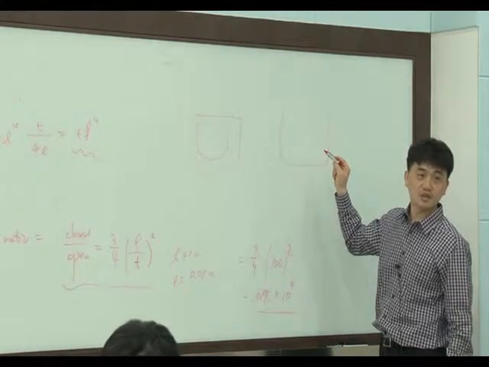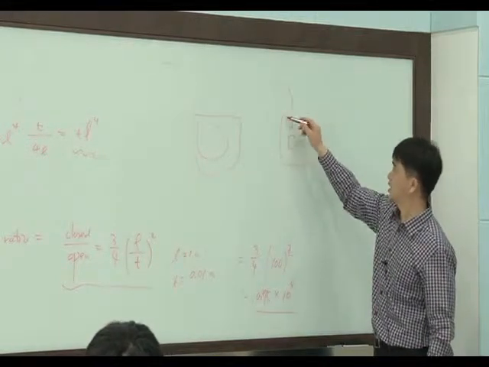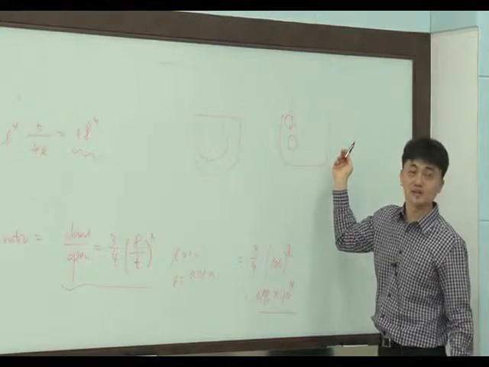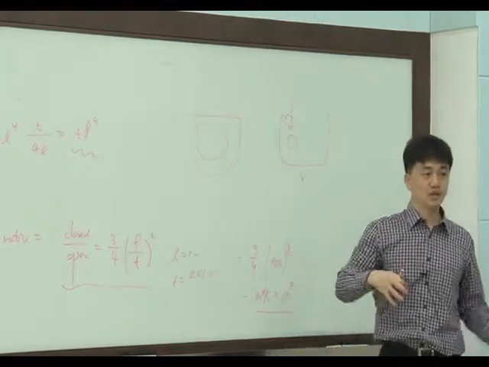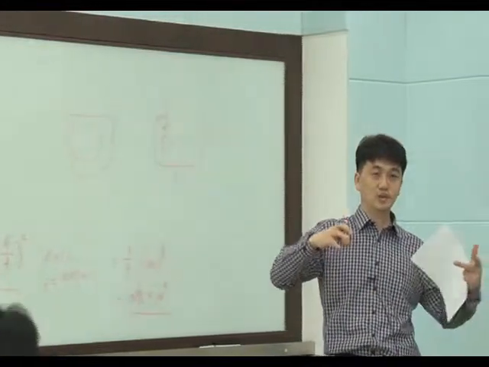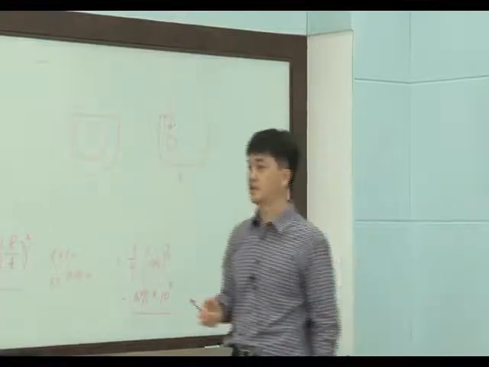For what kind of ship? A container ship, because we need to put the containers inside. In this kind of ship, torsional stiffness is very small, so that becomes a problem.